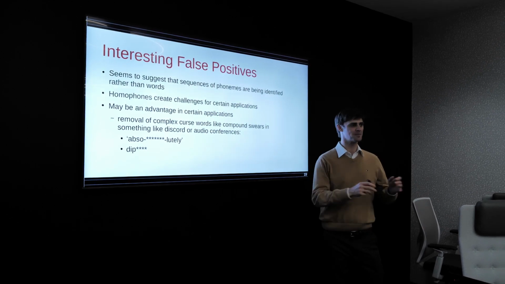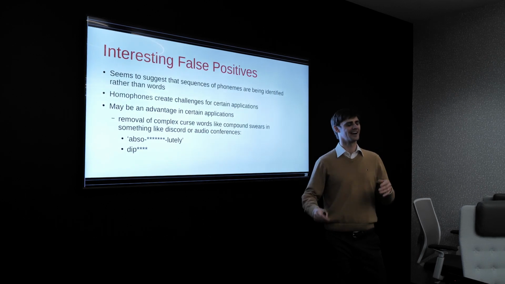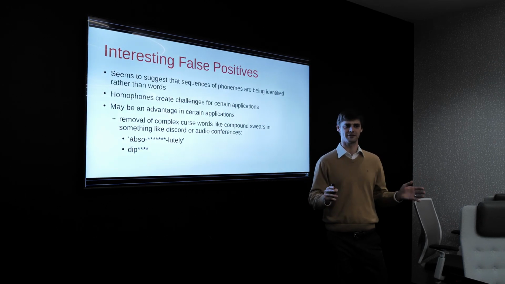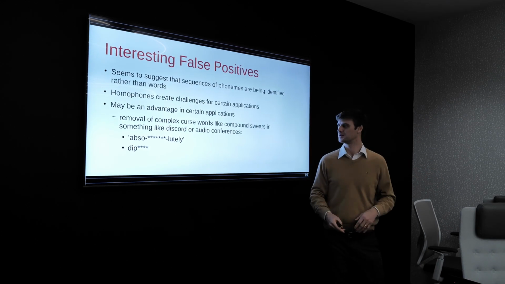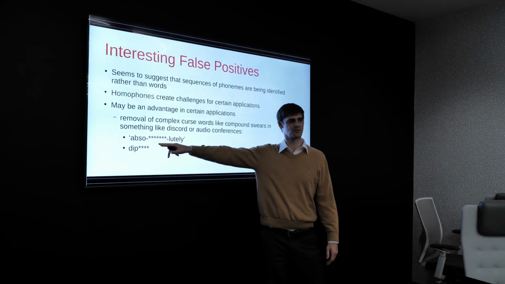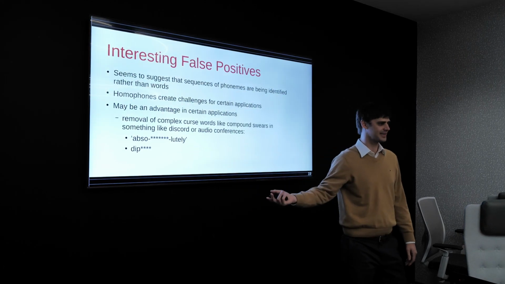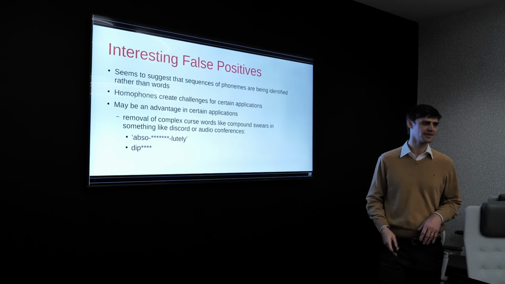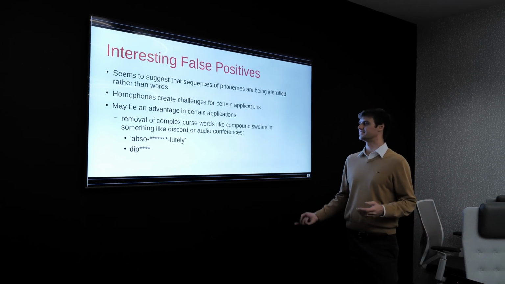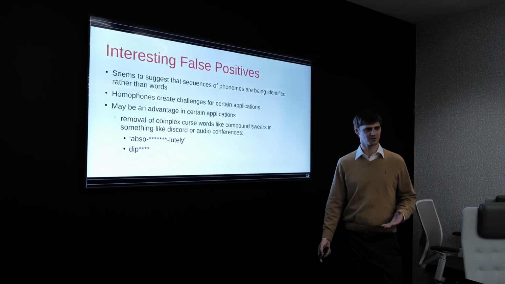And so if I said absolutely, I can still recognize that. An ASR might fail because it might not have that curse word in its dictionary, but I can find that sequence of sounds in the middle and redact it appropriately. So depending on your application, this actually may be useful. But it does depend on what your goal is.